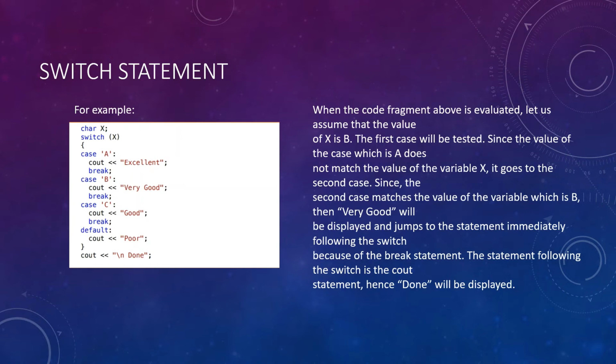Since the second case matches the value of the variable, which is b, then "Very good" will be displayed and jumps to the statement immediately following the switch because of the break statement. The statement following the switch is the cout statement. Hence, "Done" will be displayed.